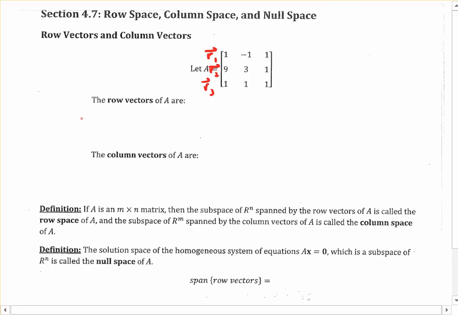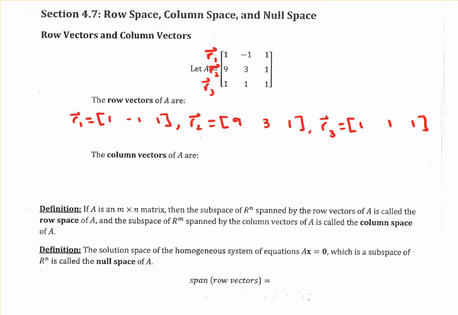The row vectors for this matrix, we'll say R1 equals, and I'll just write it out as a row vector. So 1, -1, 1. The second row vector is formed by using row 2 of the matrix A. Let's write that. It's 9, 3, and 1.